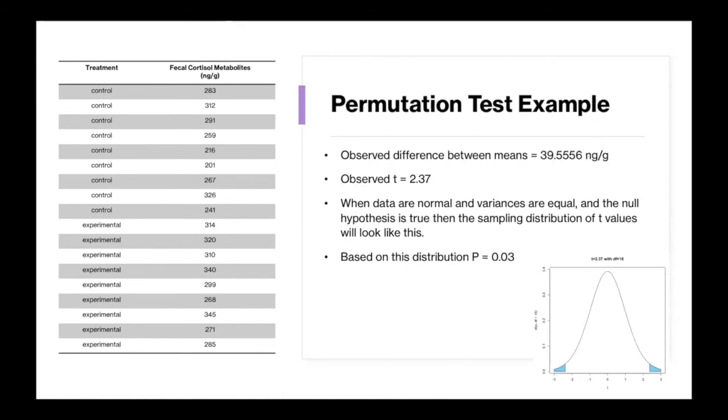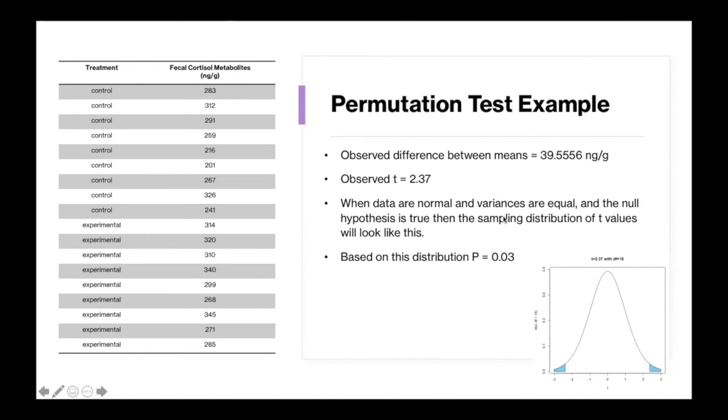So we know that when our data are normally distributed and the variances are equal and the null hypothesis is true, then we'll get a sampling distribution of t-values that looks something like this. And based on this theoretical distribution, then, we can calculate that our p-value in this case is 0.03.